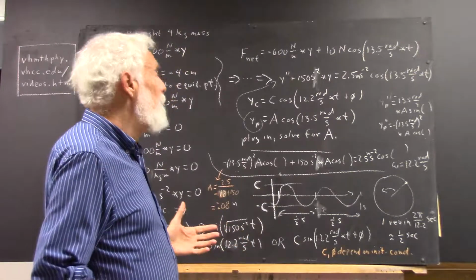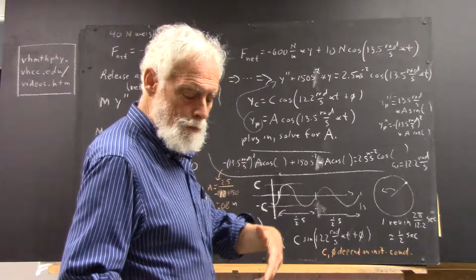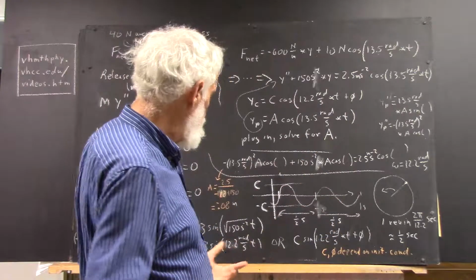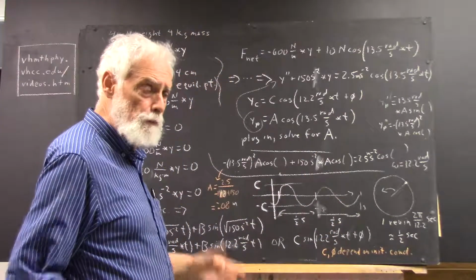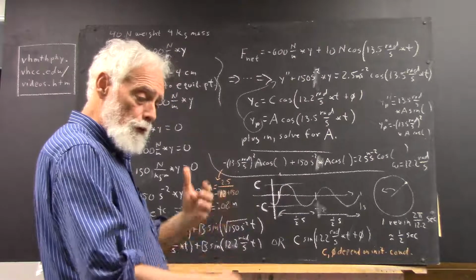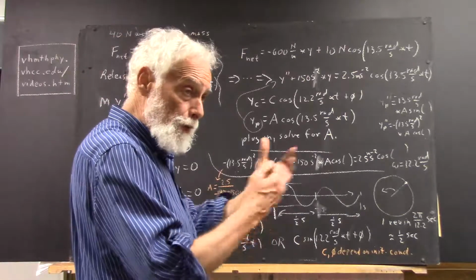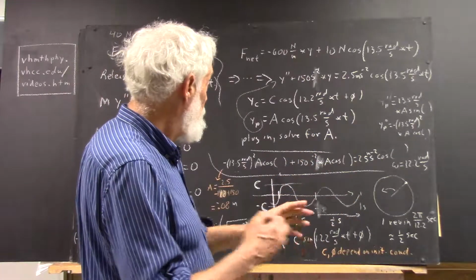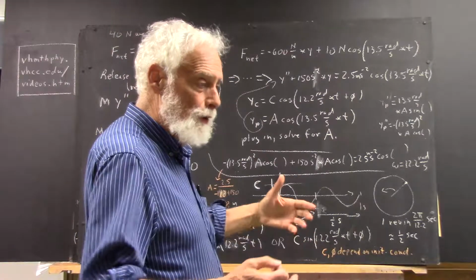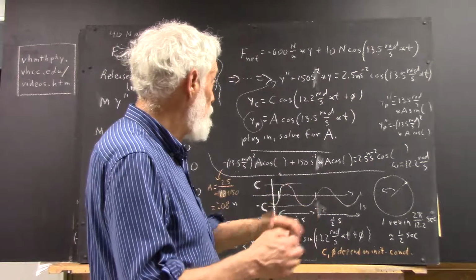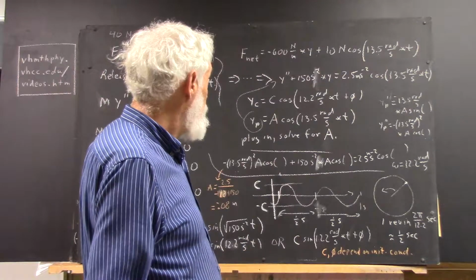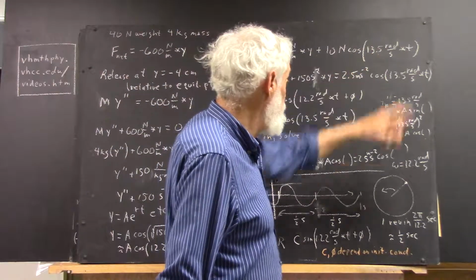So the driving force is going to come in and out of phase with the natural frequency, or vice versa. These two, the driving force and the natural frequency, will keep coming in and out of phase, sometimes interfering positively, sometimes interfering negatively. Well, we solve the equation in any case.